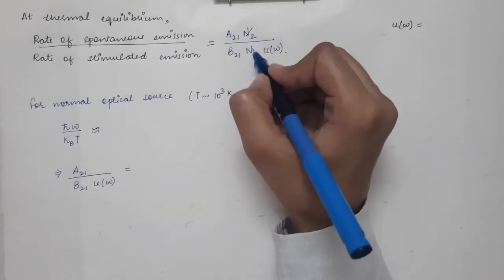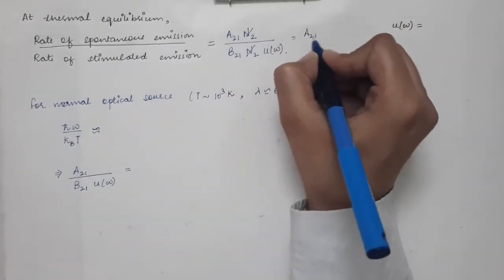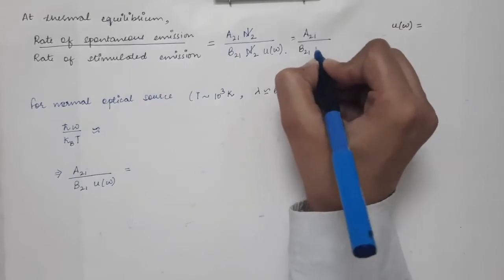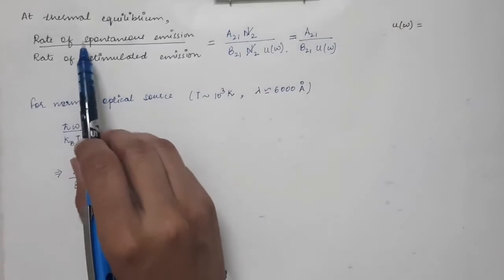So N2 and N2 will cancel with each other and we will have A21 divided by B21 into U of omega. So this is the general ratio.